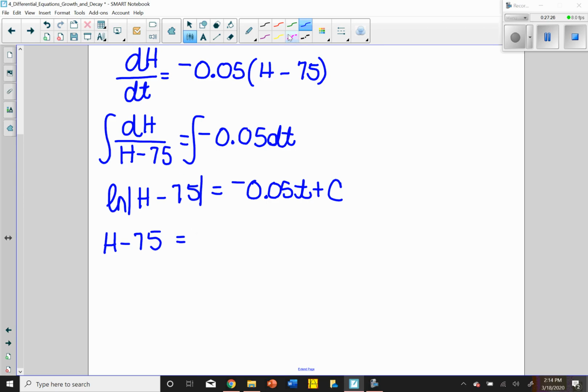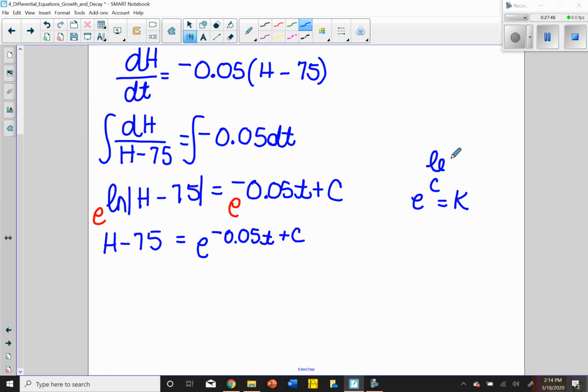So H minus 75, exponentiating both sides, actually, using the definition of natural log, is e to the negative 0.05 t plus c. Here's that same situation again, where we can say e to the c is some k.